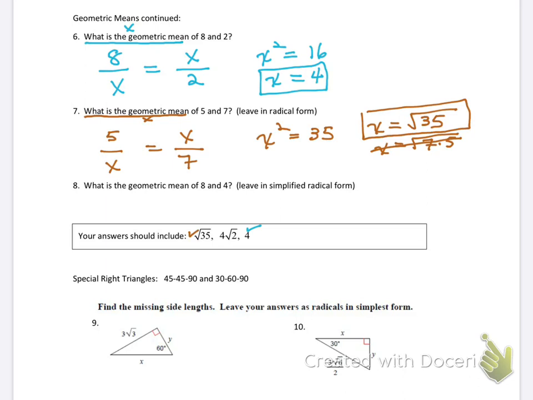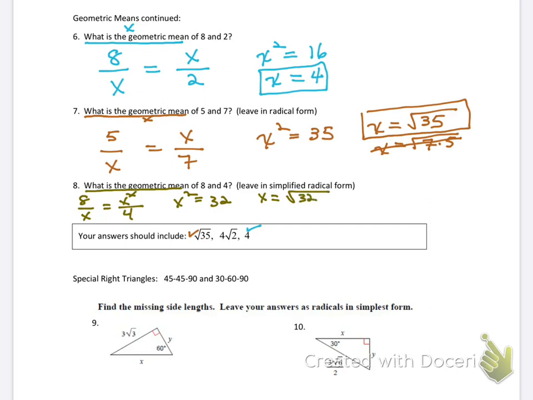Okay, here we say that what is the geometric mean? So again, that's our x of 8 and 4. So set it up, fraction equal fraction, x goes in the geometric mean spot, and I have my 8 and my 4. So what I find is x squared equals 32. So x is going to equal radical 32.